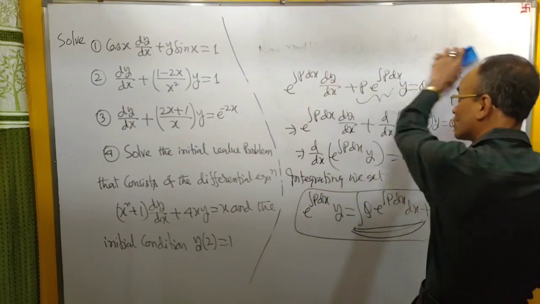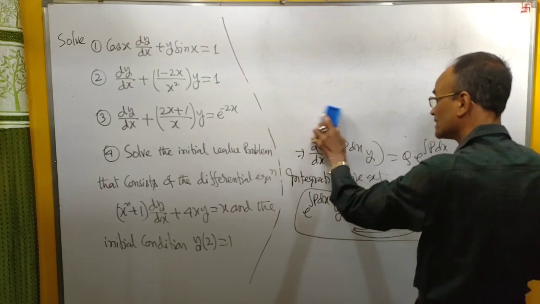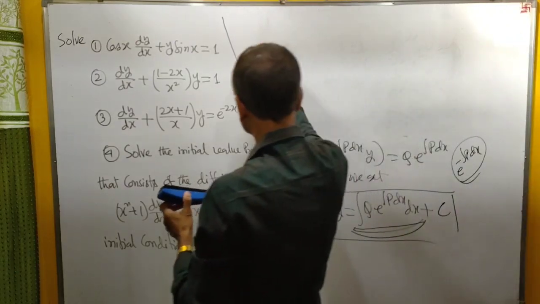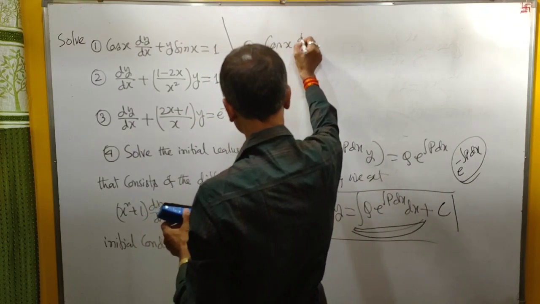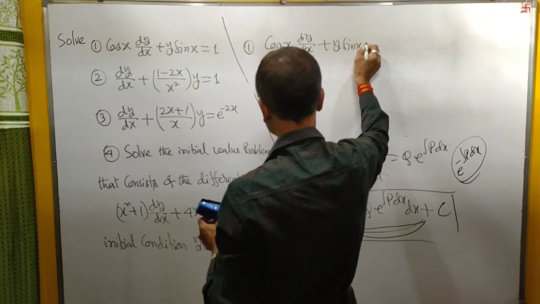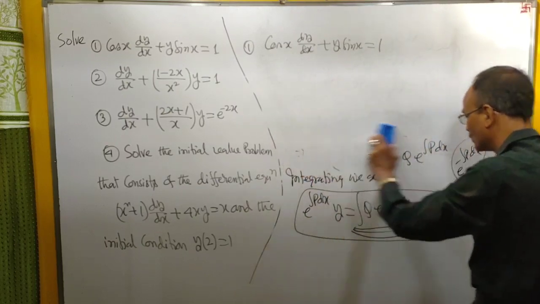Now let us try to solve the equation number 1. It is cos x dy by dx plus y sin x equal to 1.